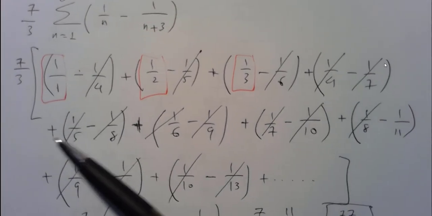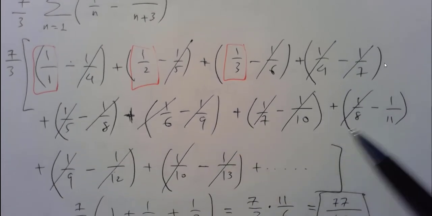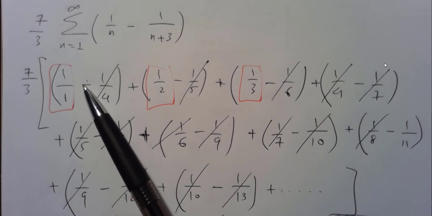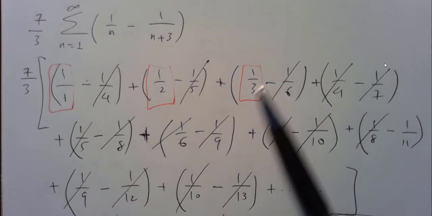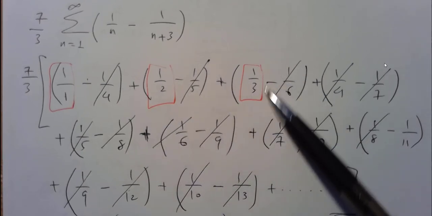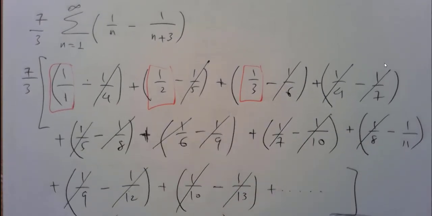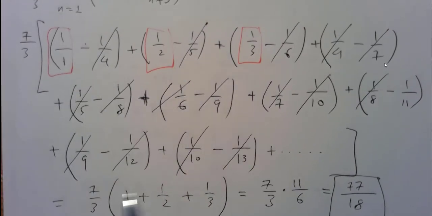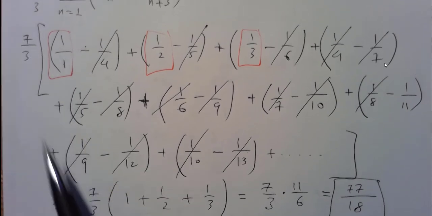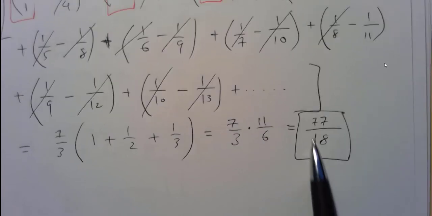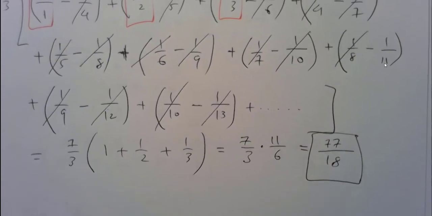Except for the first 3 index, n equals 1, n equals 2, n equals 3, they only cancel out the second term, the minus term. The plus 1 remains after we add all the sum together. That's why we take only 3 of them, we add them together. We multiply with 7 over 3 outside of the sum that we had earlier. And together, we should end up with 77 over 18.